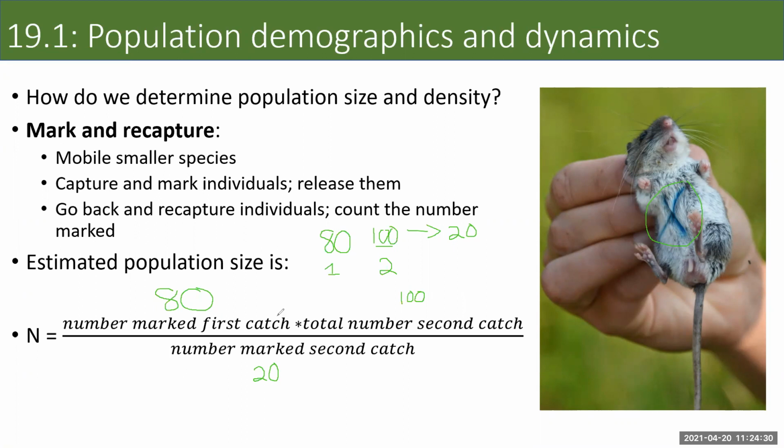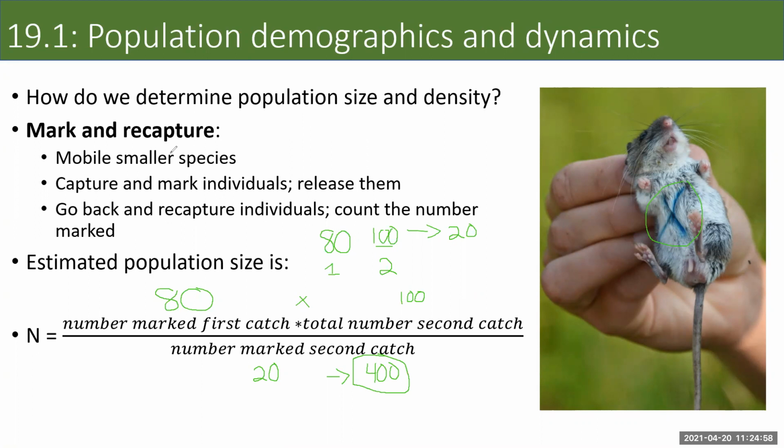And so you just do the math. So 80 times 100, which is 8... 8,000? Yeah, math is hard. Yep, 8,000. Then you divide 8,000 by 20, and that would give you a total of 400 individuals estimated for that population size.